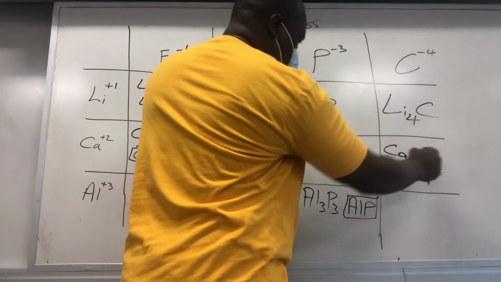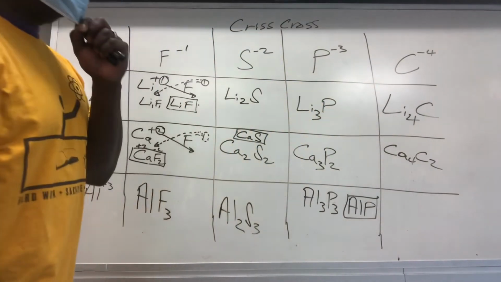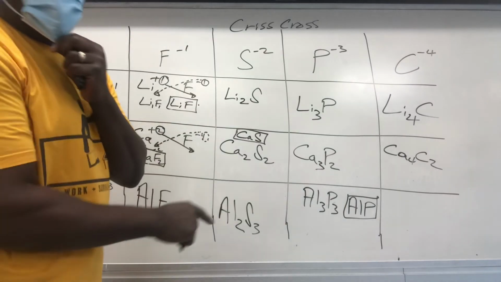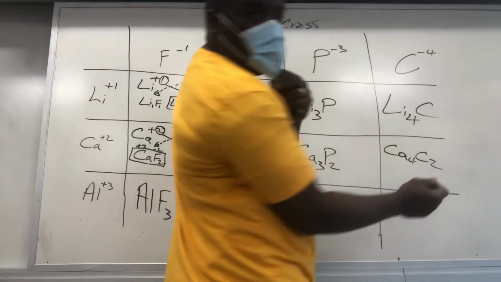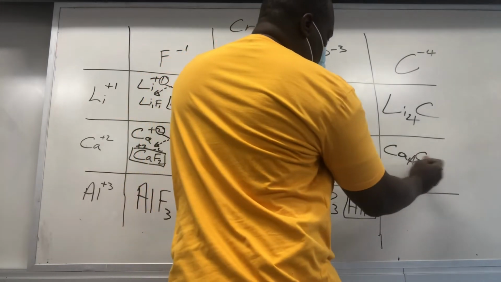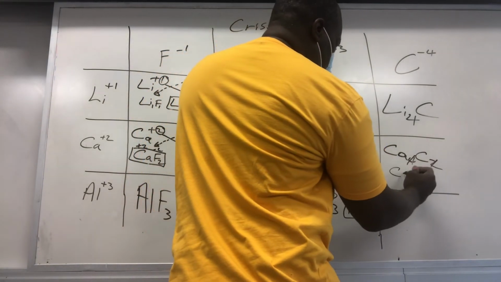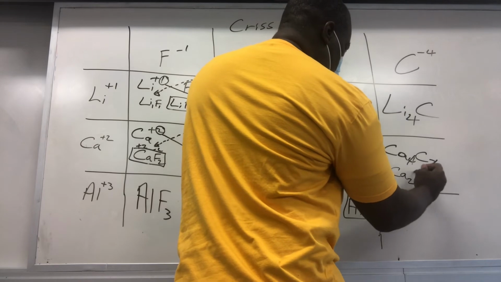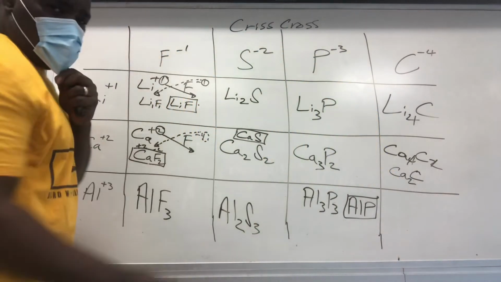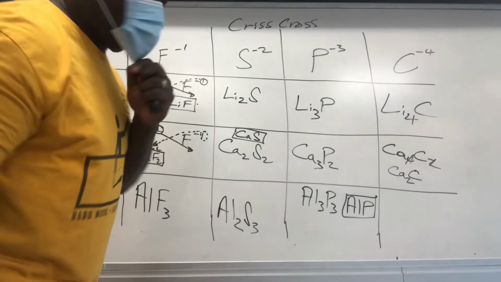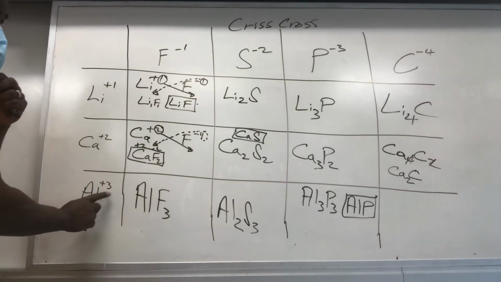The 4 from the carbon goes to the calcium. Okay, it's like a tongue twister. So, do I leave it like that? No, you don't, okay? Gotta reduce, because 2 and 4 can reduce with each other, yes? So you're gonna get as the final answer, Ca2C. Okay?